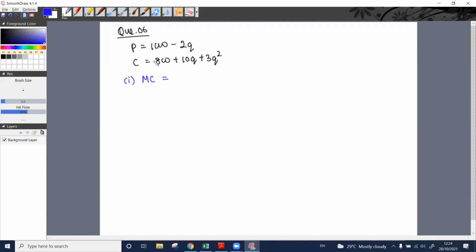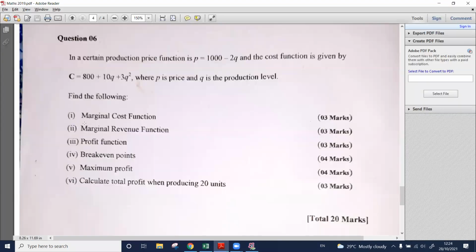That is the differentiation of the total cost function, dC by dQ. 800 is the constant, so we can ignore that. 10Q will become 10, plus 6Q. MC equals 10 plus 6Q. That should be the answer for part 1. I'm going through quickly because we are running out of time.